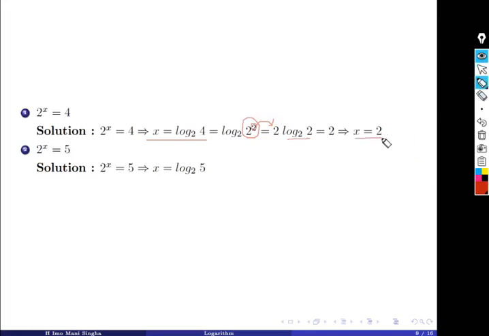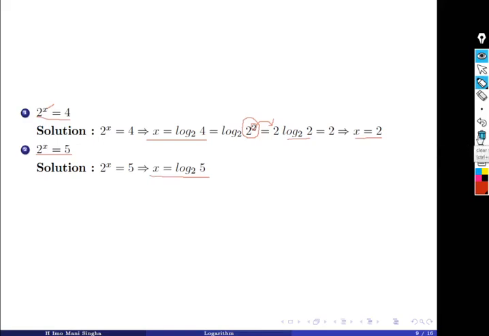So this example shows us that if we have an equation of the type 2 to the power x equal to 4, then we can find the value of x. Similarly, if we have 2 to the power x equal to 5, we can also write this in the form x equal to log 5 base 2. That means we can find the value of x using log property.